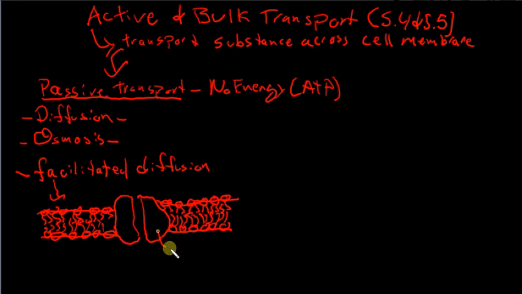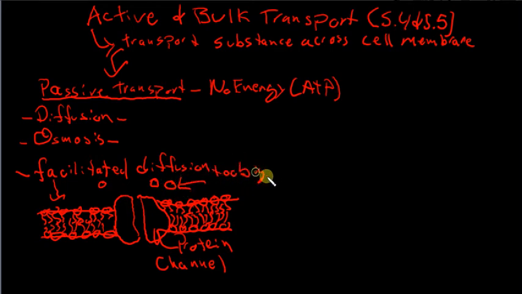So we have a protein in our plasma membrane, and it's called a channel protein. And molecules that are too big or too polar to diffuse through the plasma membrane diffuse through this little opening, this little channel, this little gate that the channel protein has created.